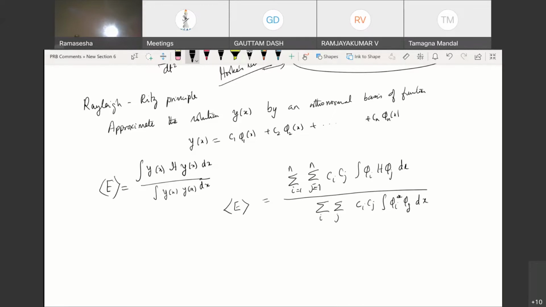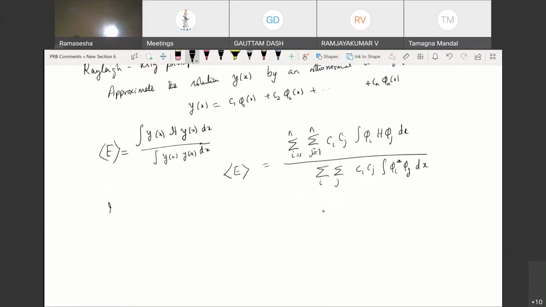Okay, so now we can evaluate the integral of p_i H p_j dx and call it H_ij, and we also have the integral of p_i p_j dx equal to delta_ij.